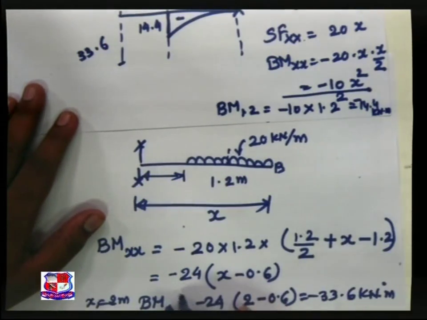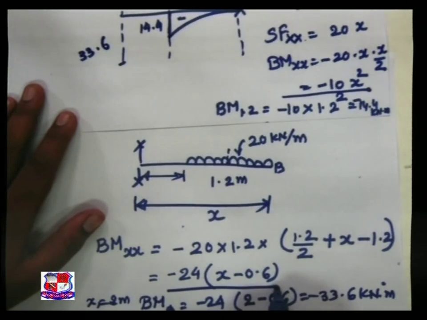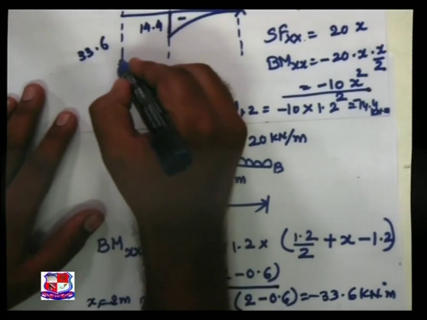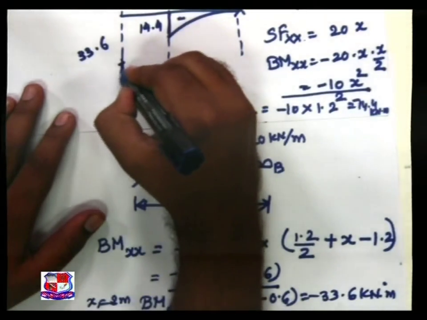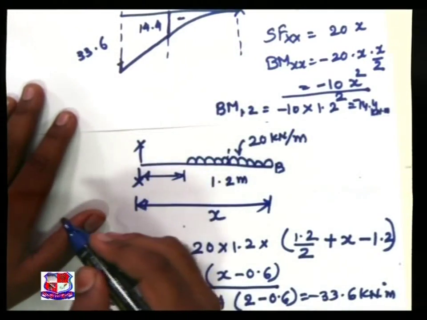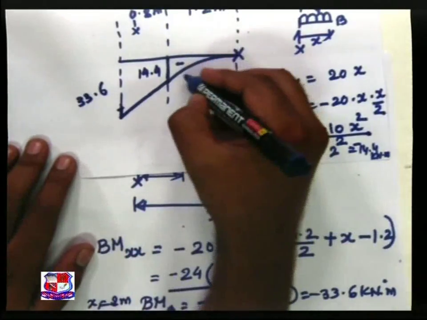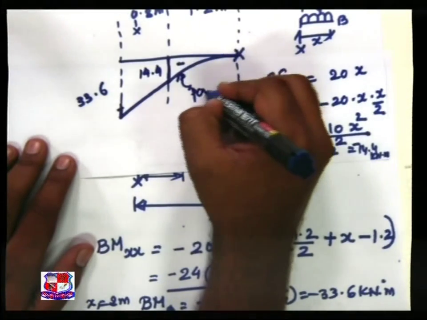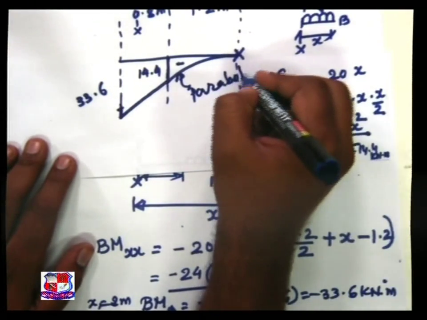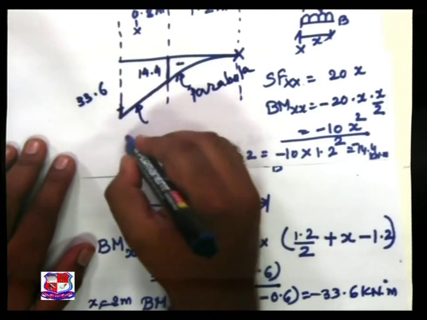And just see this equation, it's a linear equation. We can join this by a straight line. So this diagram you can visualize, this is a parabola, this is the inclined straight line.